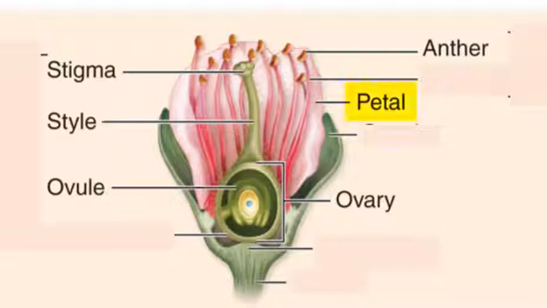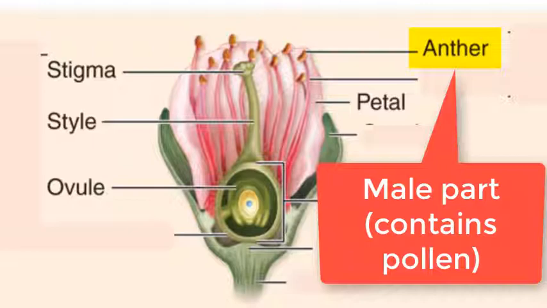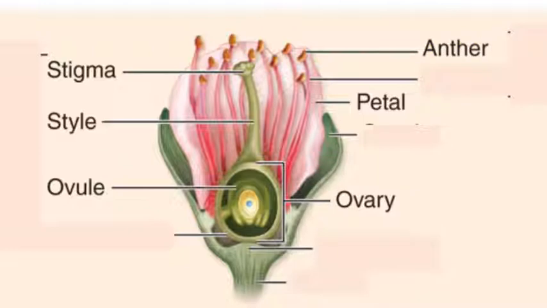The petals are used to attract the pollinators. When a pollinator visits one flower, the anthers contain the pollen grains that will be deposited on the pollinator. Then, when a pollinator visits another flower, those pollen grains land on the sticky stigma.